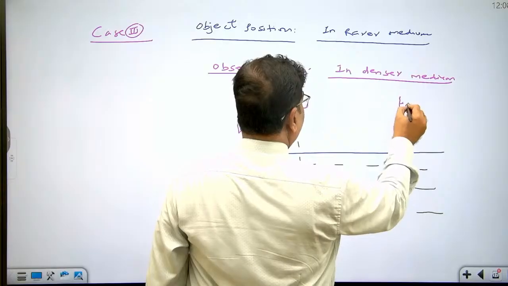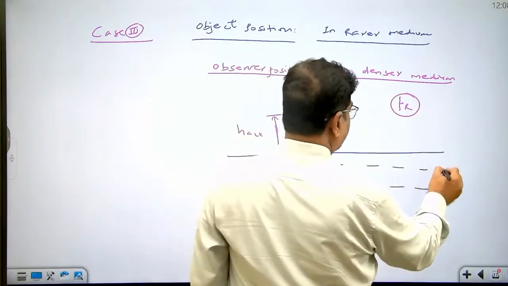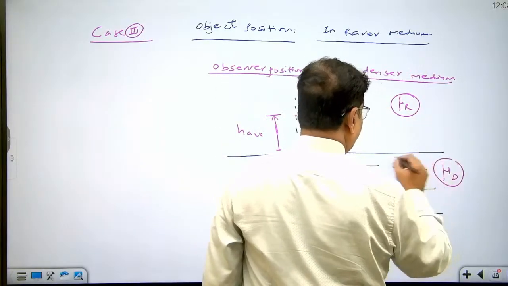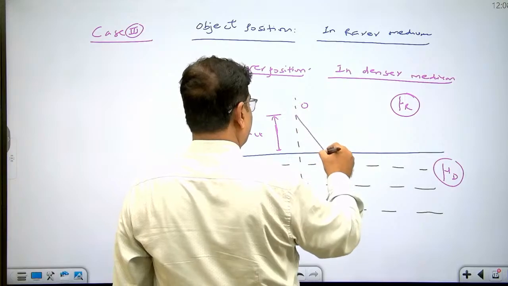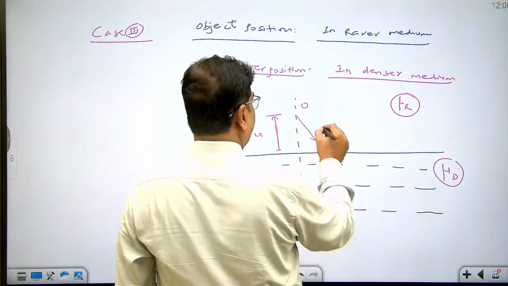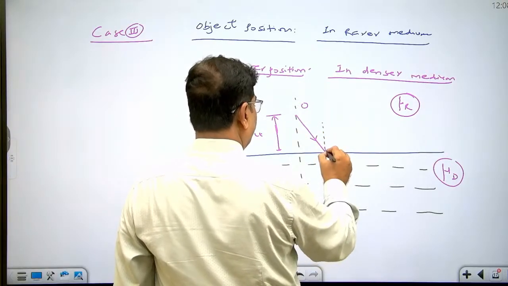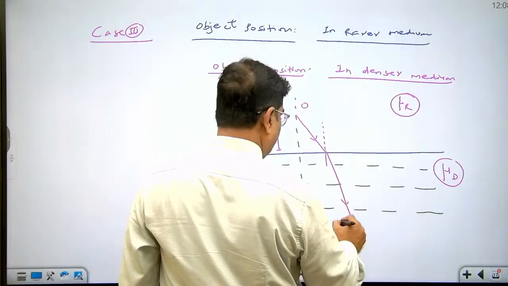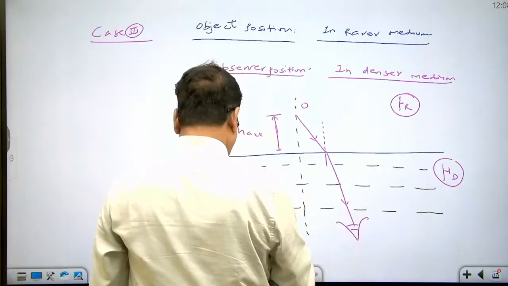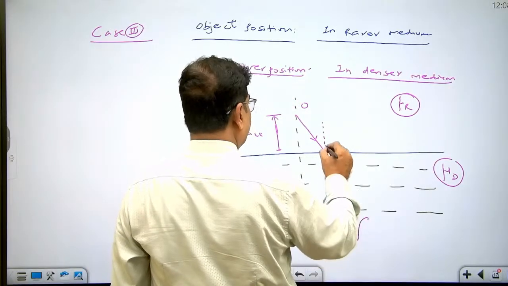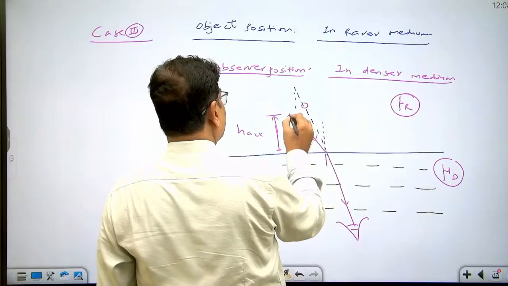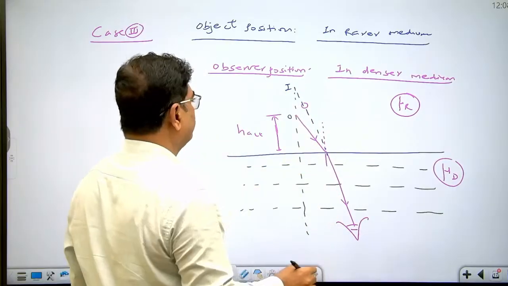This is rarer medium having refractive index mu r. This is denser medium having refractive index mu d. When light enters from rarer medium to denser medium, it will shift towards normal. Dear student, in this case, this is object and this is image, okay?